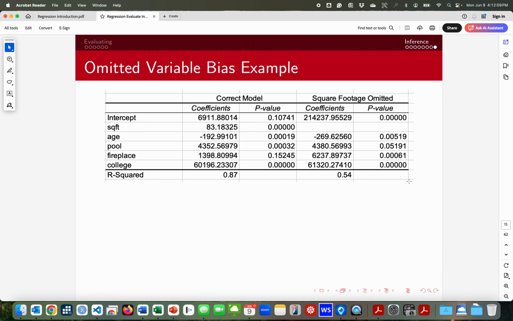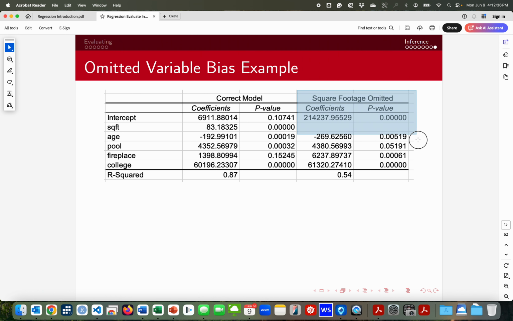As a quick example of omitted variable bias, this is the regression that we estimated using all of the data for the sales price regression. This just replicates the coefficients from the regression that we estimated previously. So this is the model with all the variables.